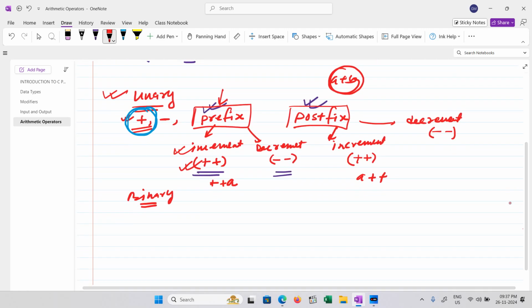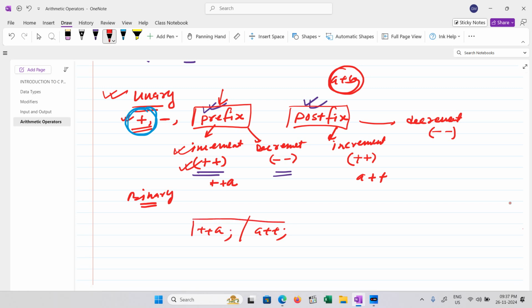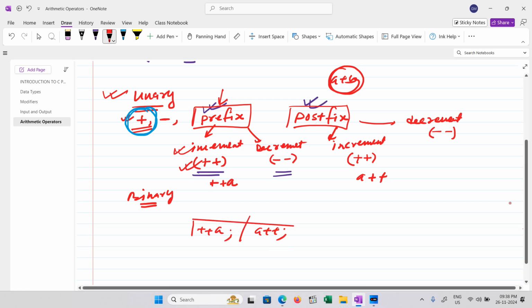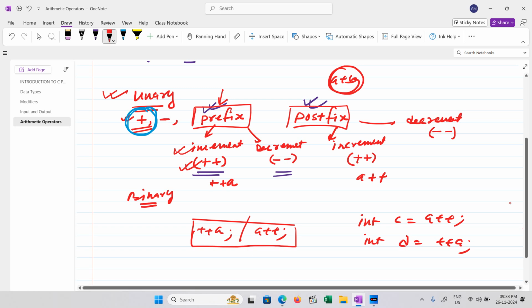Even if I write a plus plus or plus plus a, there is no change in the outcome, because these two operators appear alone in an expression. But what if I write, suppose, integer c equal to a plus plus, and again integer d equal to plus plus a, what will happen? Will their behavior remain the same?